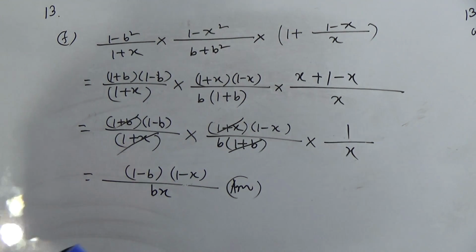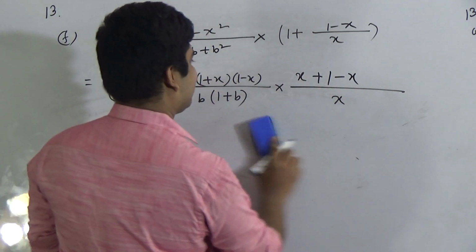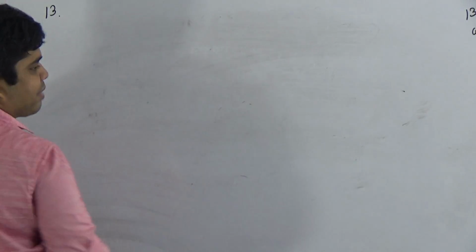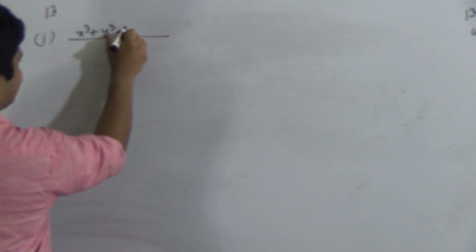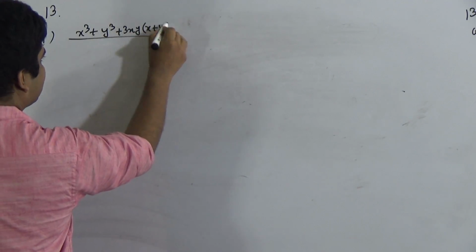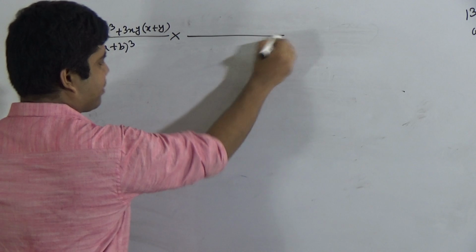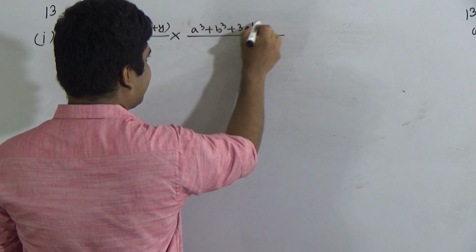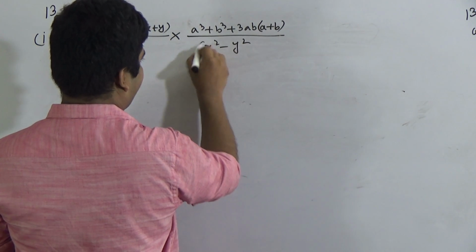Next we shall solve question number I. Okay, the expressions are bigger than the previous one, but it is easier than the previous three maths. So at first we pick up this question here: x cube plus y cube plus 3xy into x plus y divided by a plus b whole cube, multiply by a cube plus b cube plus 3ab into a plus b divided by x square minus y square.